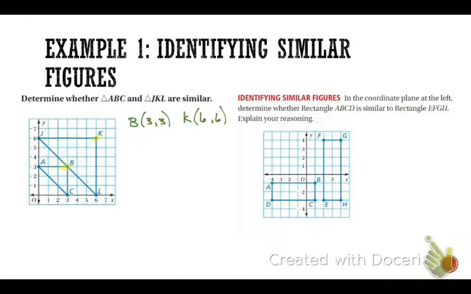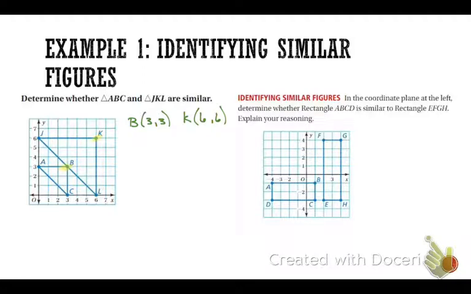And my rule says that if this is a similar figure, that it should be able to be expanded by the same scale factor. We can tell that ABC and JKL are different sizes. So right now what we're trying to do is prove a dilation. Is there a scale factor that could get me from 3, 3 to 6, 6? By 2, right? K equals 2.